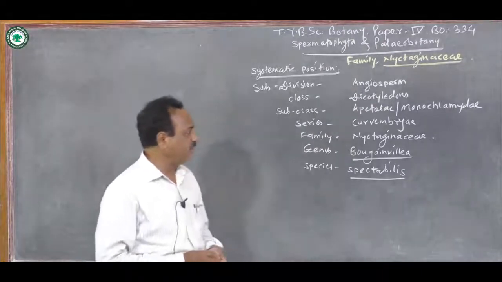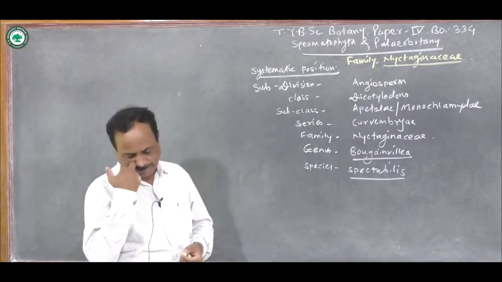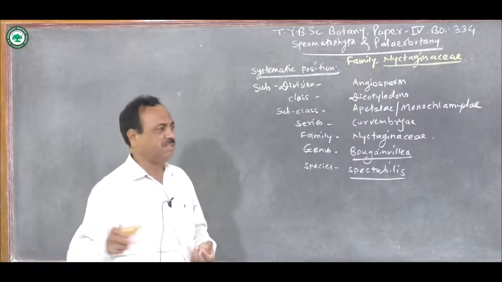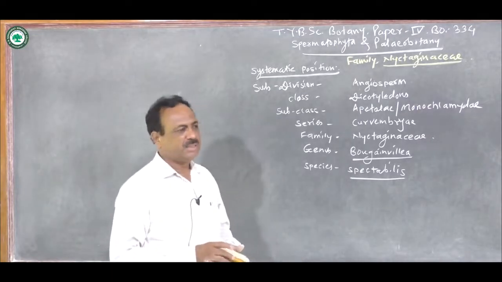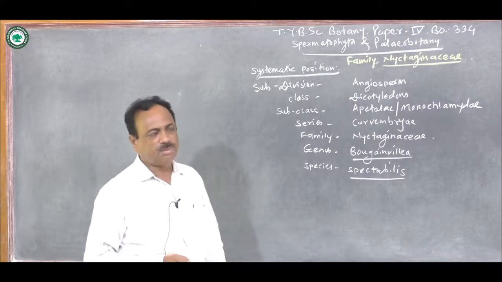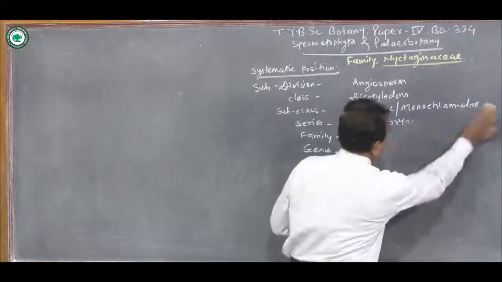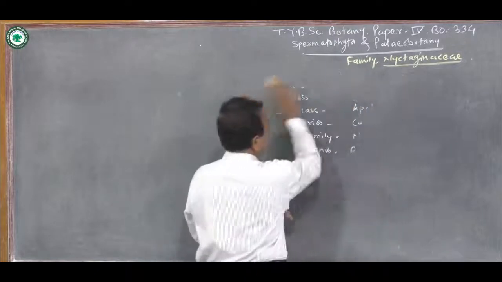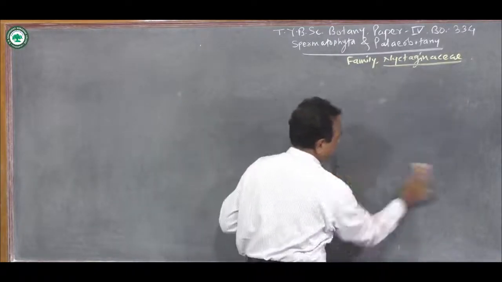After series there is no order. So series are directly divided into the families in the Bentham and Hooker system of classification. So family Nyctaginaceae, and its example is taken, that is Bougainvillea spectabilis, commonly known as bougainvillea. So this is about the systematic position or the classification of the family.